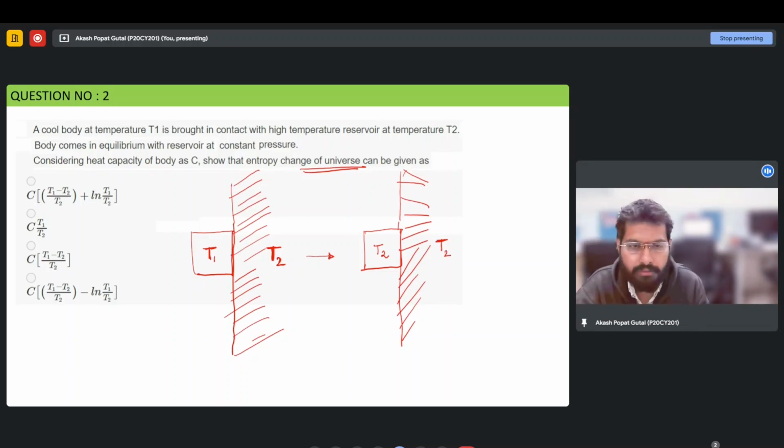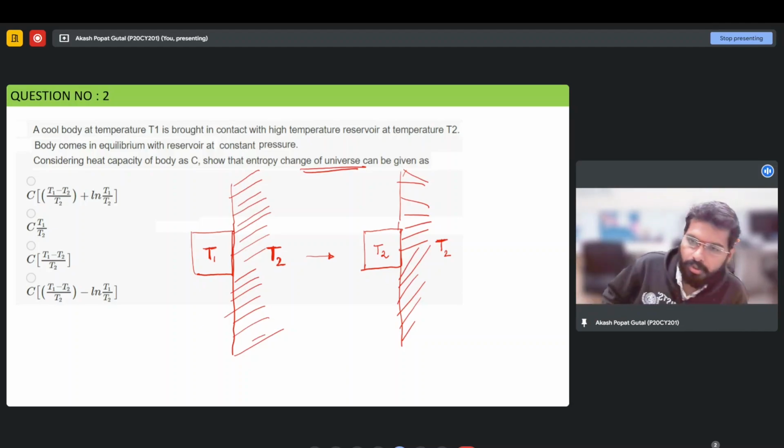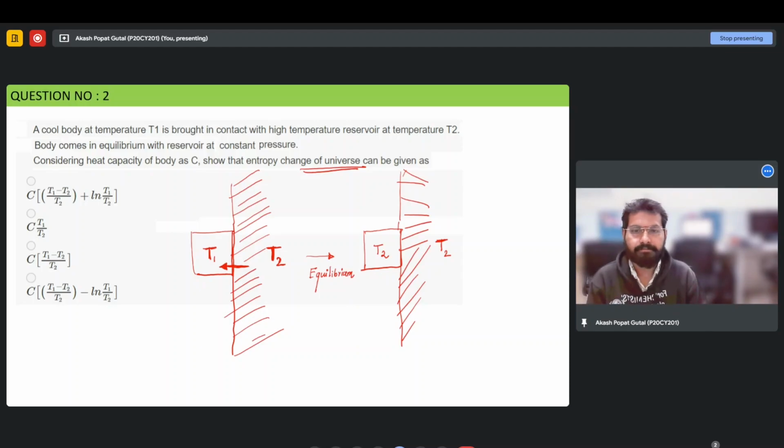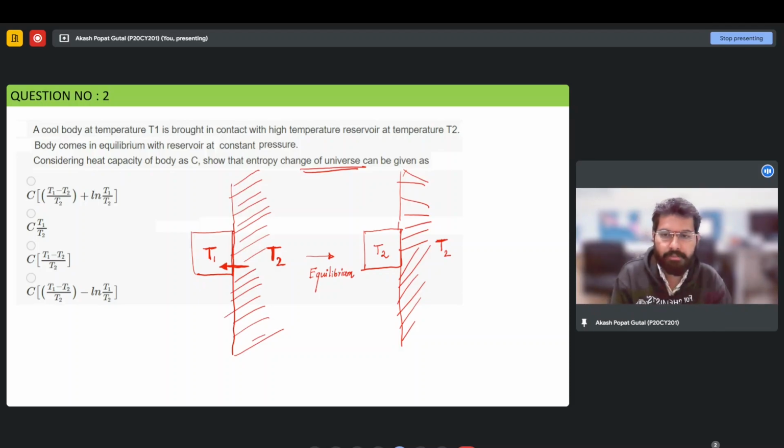According to the second law of thermodynamics, heat flows from the hotter body to the colder body. So that is happening, which means it's a spontaneous process. Heat will flow from the reservoir to your cold body, and after equilibrium is achieved, both temperatures will become the same. As the second body is a reservoir, it will maintain its temperature at T2, whatever heat you take out from it.